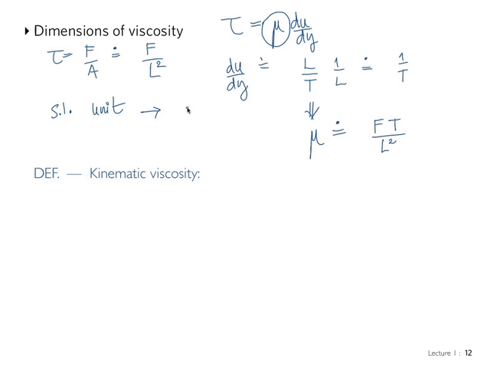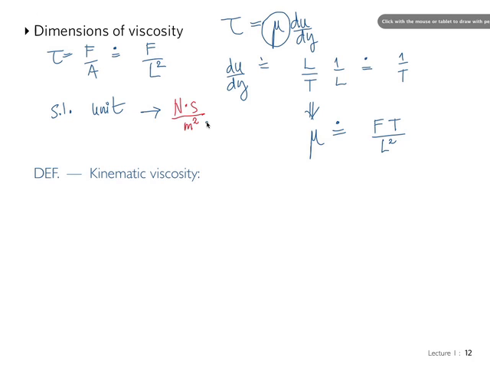In SI units, I'm going to write this in red here, they are Newton seconds divided by meters squared. We will review the units in a little bit as well, the units of the SI system, just in case.